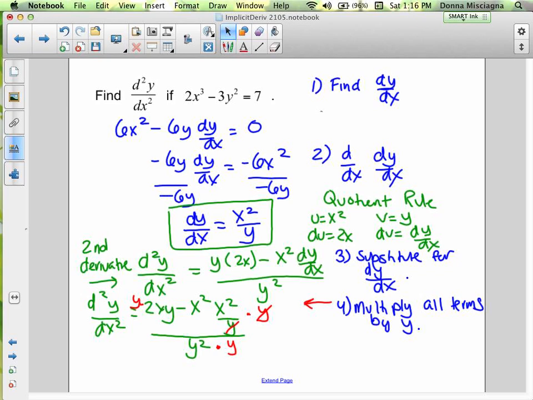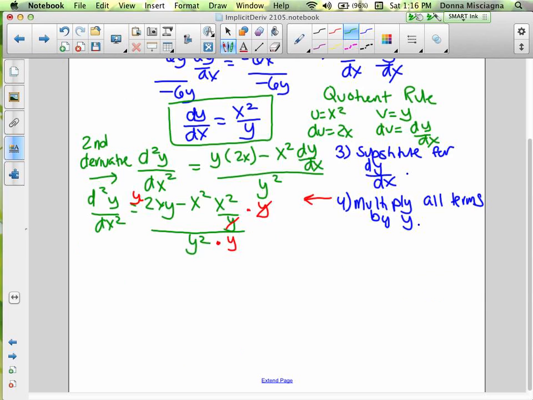And I think we can fit the last line in here, and that is just simplifying. d2y dx squared equals 2xy squared minus x to the fourth, all over y cubed. And that's our second derivative.